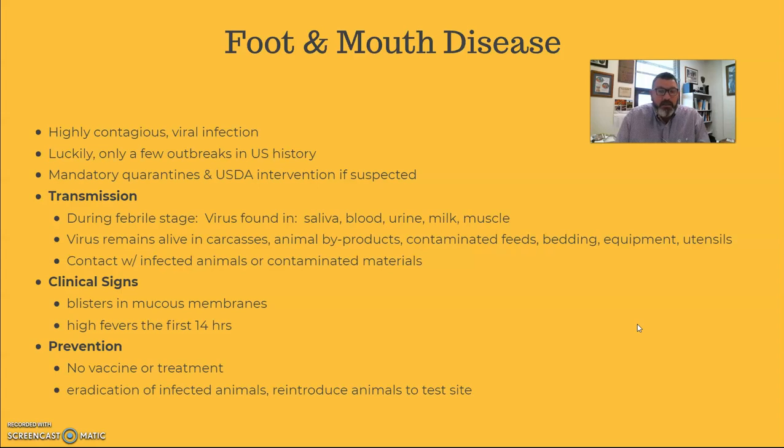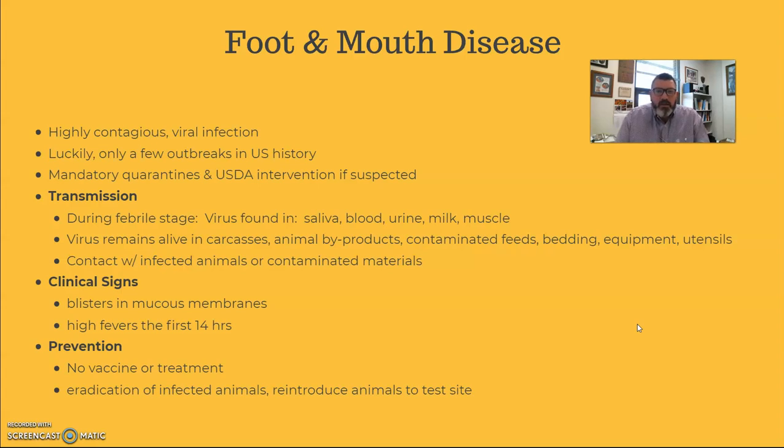Like I said, I think it's been about a century since we've had the last suspected case of foot and mouth disease in the U.S. The clinical symptoms here, and you'll find a repeating template to all of my slides as I get through each of these diseases. You'll see blisters develop in the mucous membrane.